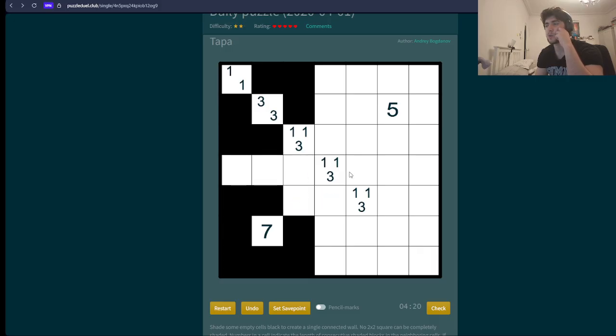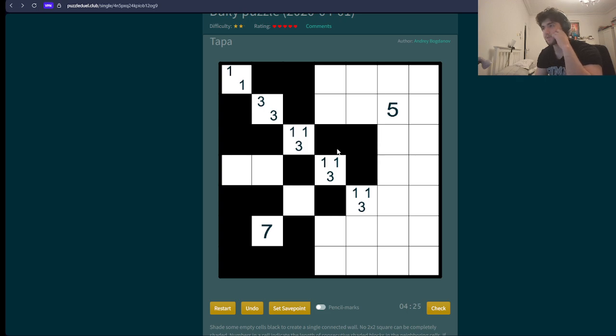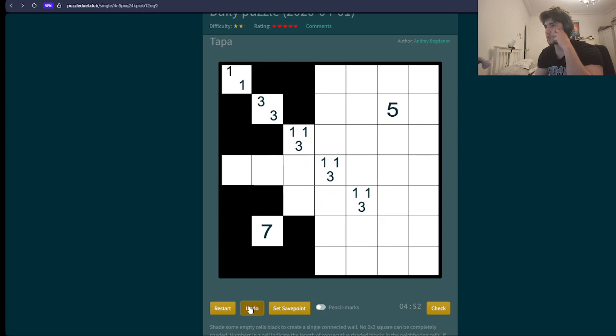So the only way that this 1, 1, 3 would be able to work is if you have this, this, and these 3 cells, for example. But then we have a problem with this 1, 1, 3, because now we have 1, 1, 1, 1. So that's not 1, 1, 3. Oh, no, but we can just shade this in. And that's actually okay, I think. Or this, actually. Okay, not as groundbreaking as I thought it was.